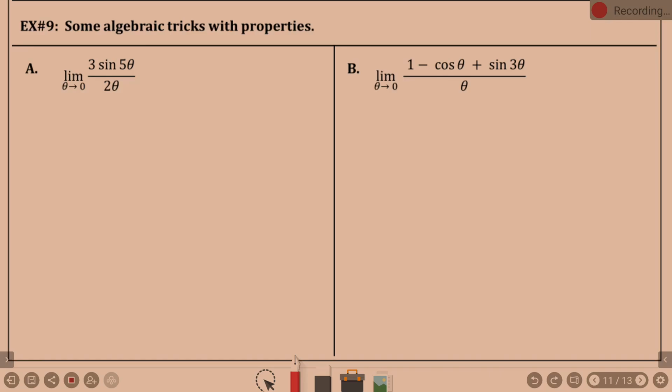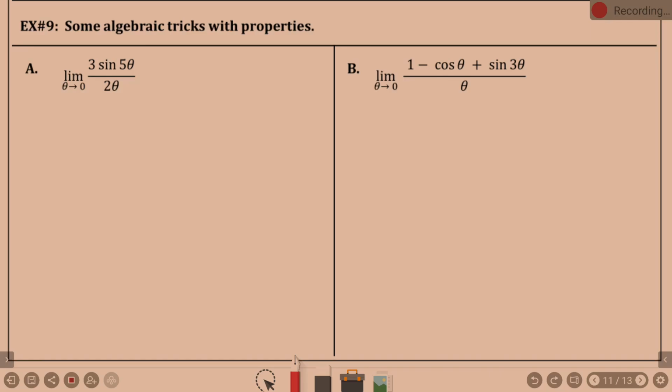Some algebraic tricks with properties. Do you have guesses? Can you reduce the thetas?